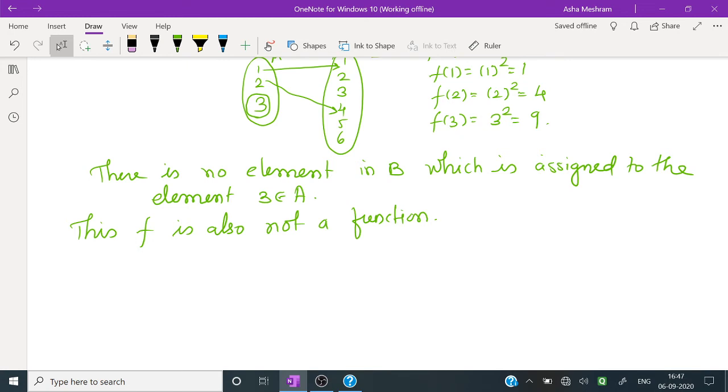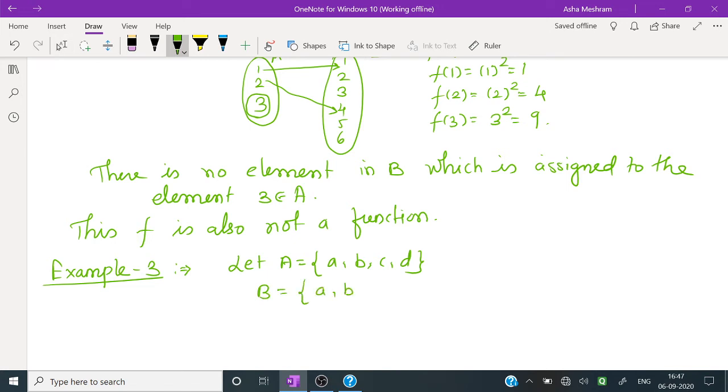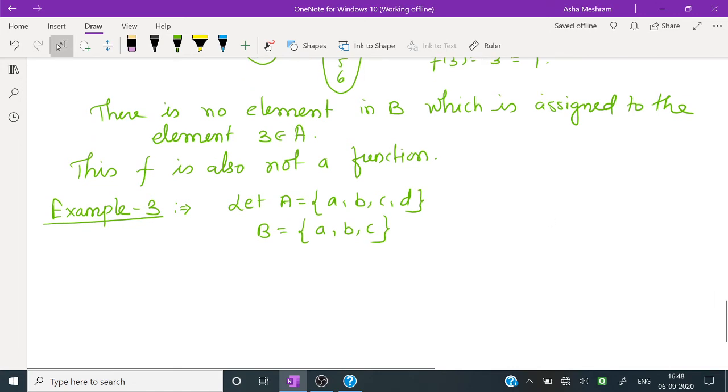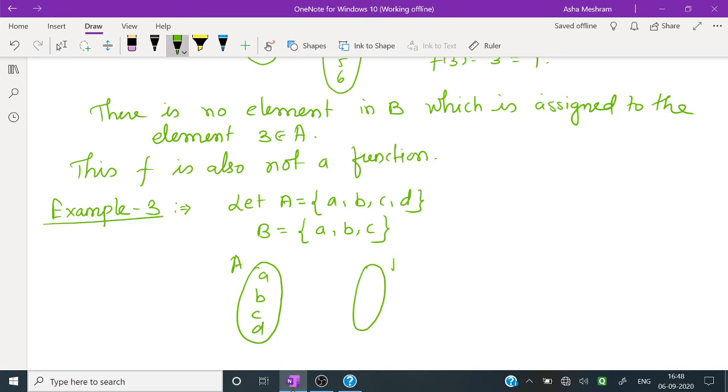Example number 3. Let A be equal to {a, b, c, d} and B equal to {a, b, c}. So again I draw the set A: a, b, c, d, and set B: a, b, c.